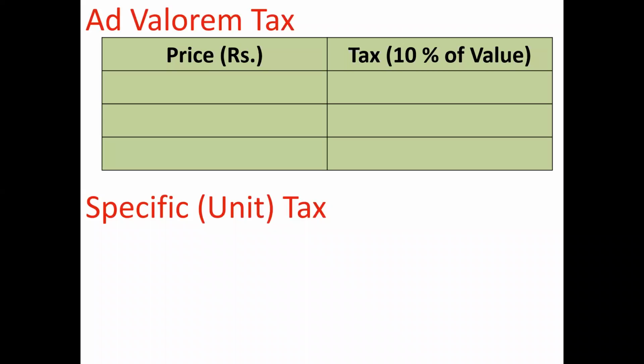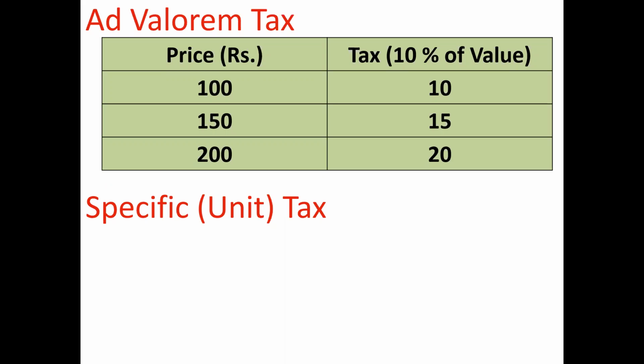Assume tax is 10% of the price. If the price is 100 rupees, the tax is 10 rupees. If the price is 150, the tax is 15 rupees. If the price is 200, the tax is 20. Tax is charged as a percentage of the price or the value of the good.